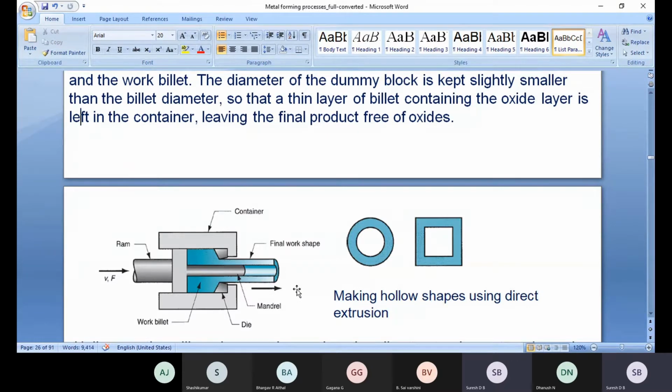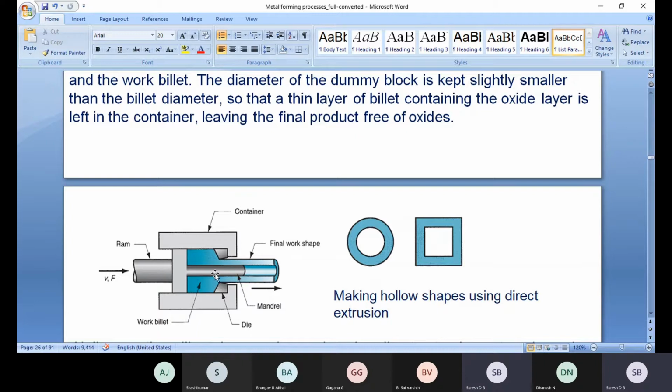How to manufacture hollow tubes in the direct extrusion process? Here, again there is one container. On the right side of the container a small hole is there, and the left side is completely open. The work billet is filled inside the container, and once filling is complete, on the left side you fix the ram and piston.